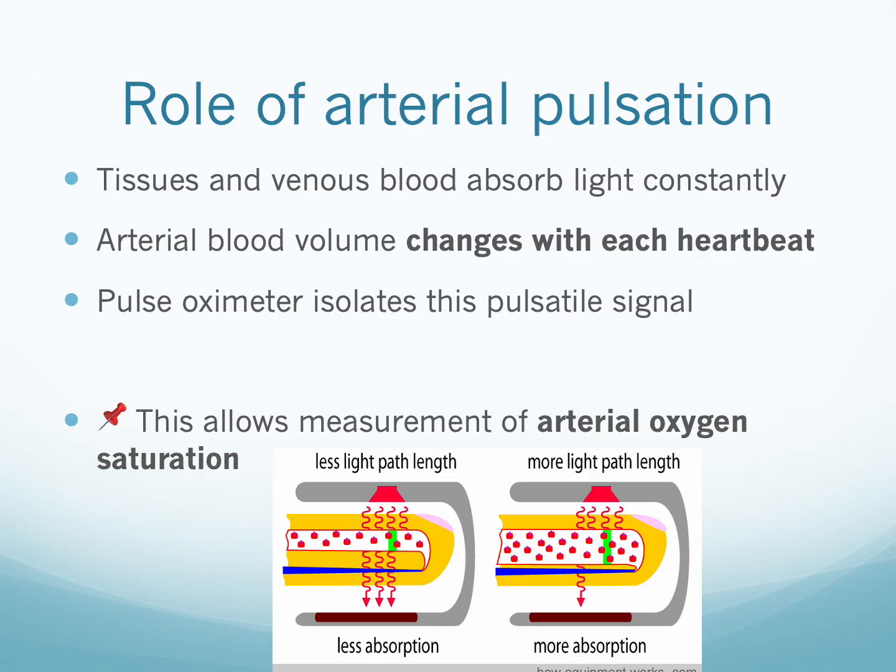So that allows us to get the arterial oxygen saturation, not just saturation in our venous tissues. So it really does give that arterial oxygen saturation. But then it's important that we have good pulsatile flow.